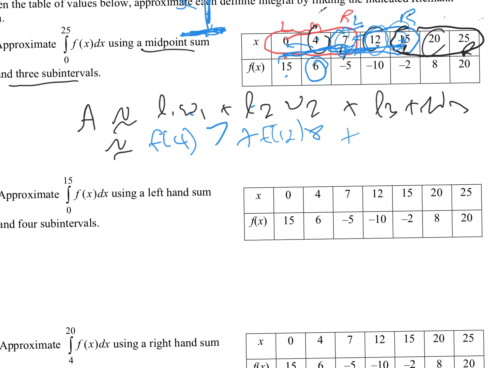Plus the length 3 comes from the third midpoint right here. f of 20 times the distance of this interval, which is 25 minus the 15, right? I can't read it. Need to erase it so I can see. Okay, 25 minus, so it's 15.